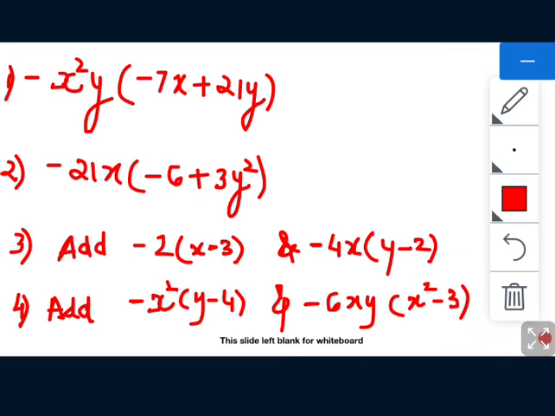Okay, these four, I'm just giving you a very small homework, that is these 4 questions. Solve these 4. Okay, so write this down.